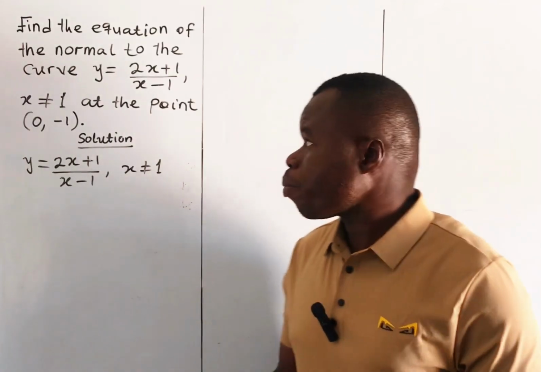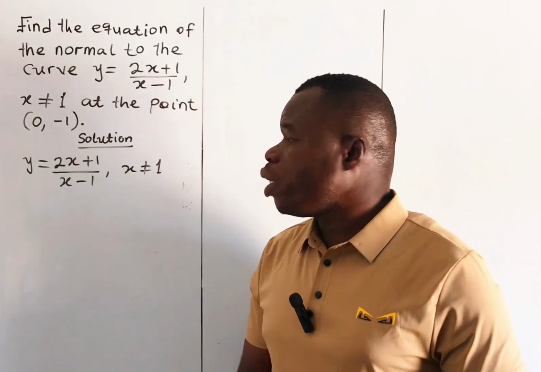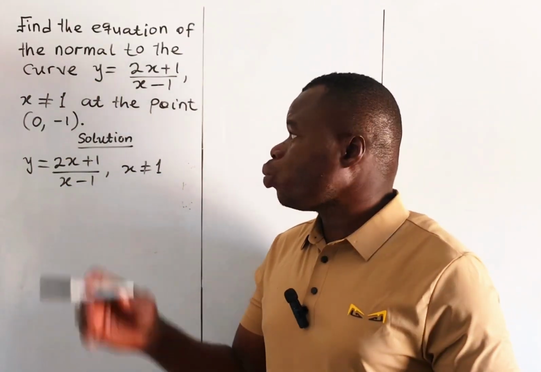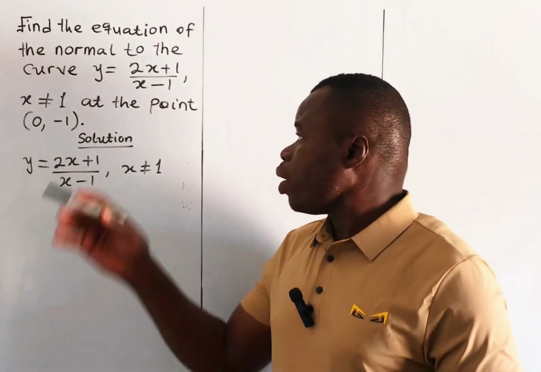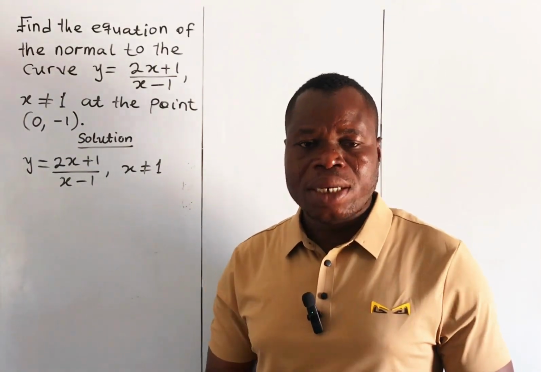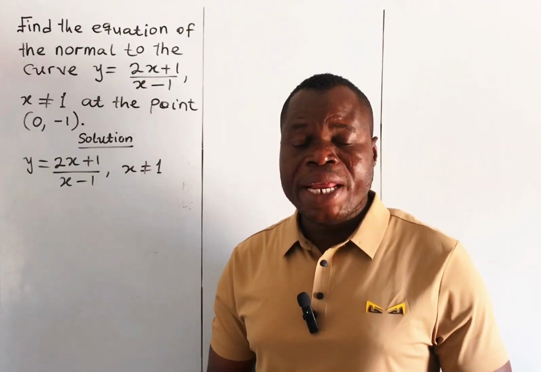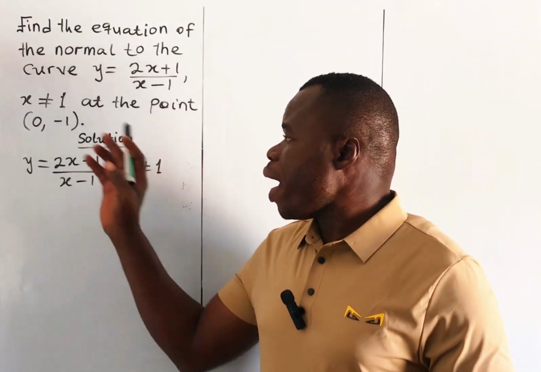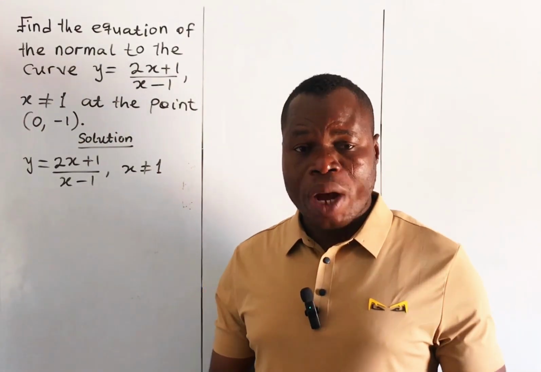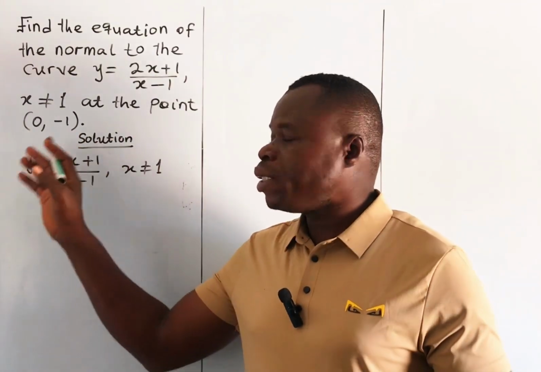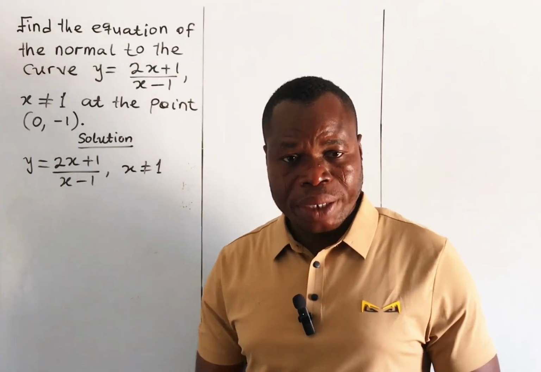The question is, find the equation of the normal to the curve y is equal to 2x plus 1 all over x minus 1, where x is not equal to 1, at the point 0, minus 1.